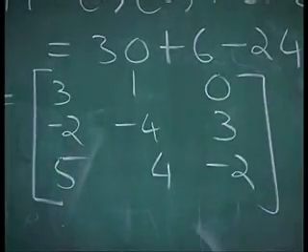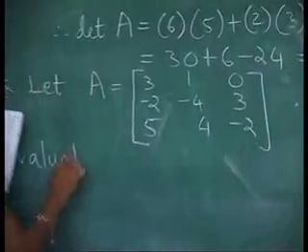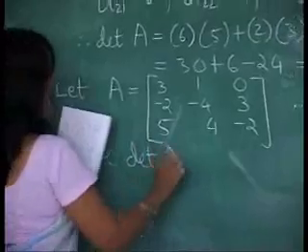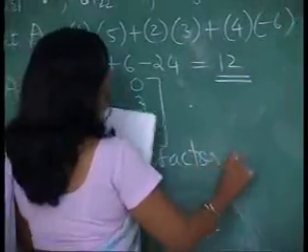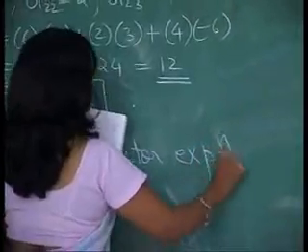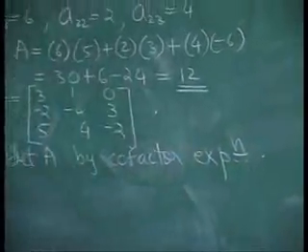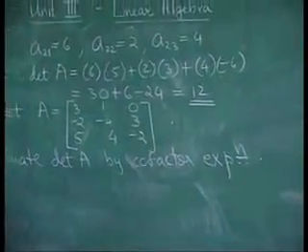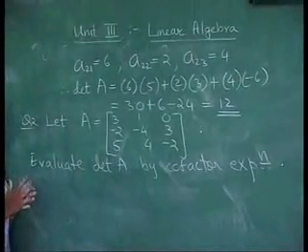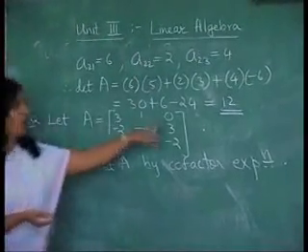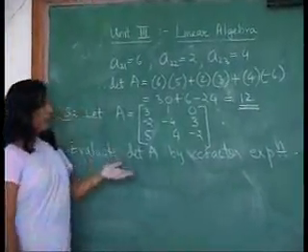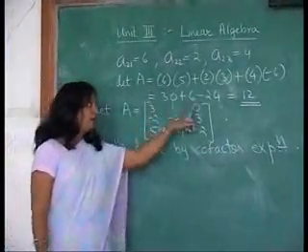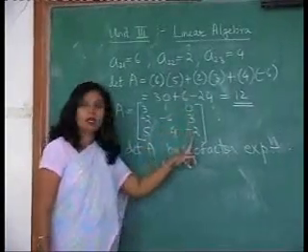Evaluate determinant of A by cofactor expansion. And this time let's not mention any row or any column. So since the choice is left to us, I noticed that there is one zero in the matrix. So either I should find the cofactor expansion by the first row or by the third column.